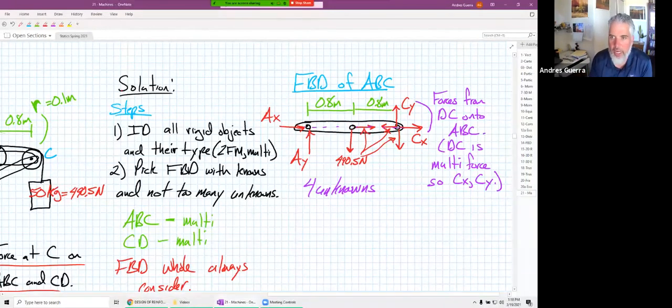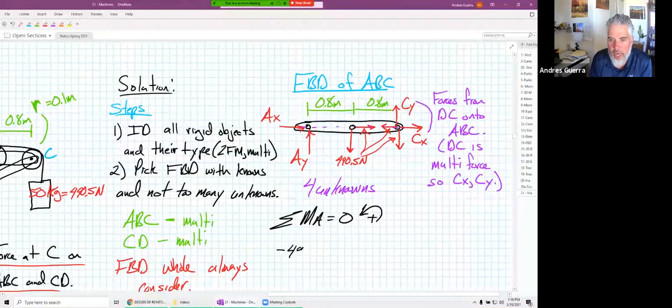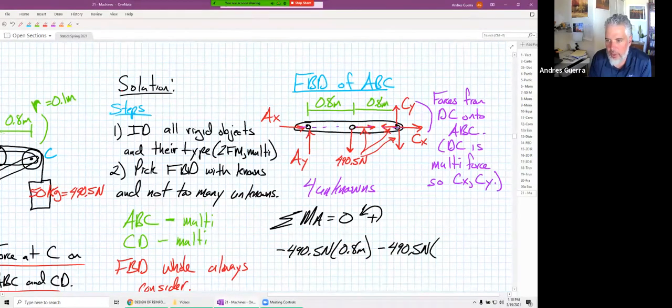Okay, so in this FBD here, we can sum moments about A, and we will be able to solve for CY, which is something that we are looking for. So we're going to have a minus 490.5 newtons, that's this first one here, times 0.8 meters. We're going to have another minus 490.5 newtons times the second one, that's 1.6 meters out there. And then we are going to have a positive CY times 1.6 meters as well, equal to 0.